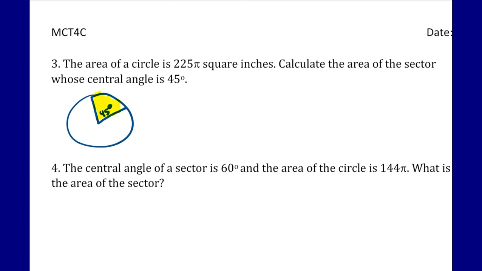I know the entire area of the circle, so this entire thing is 225 pi inches squared, and I want to figure out just what is that portion. Even though it doesn't seem like I'm given enough information, I am, because my sector area formula is theta times pi r squared divided by 360.